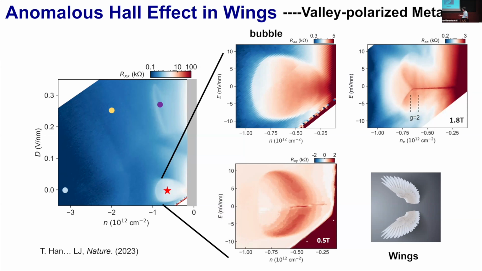This is the normal Hall signal. Inside the bubble, there's a region that takes the shape of a pair of wings that has much bigger Hall signals, and that corresponds to mostly the anomalous Hall signal. So through this, we know this region is probably a valley-symmetry-broken metallic state that is close to a half metal.